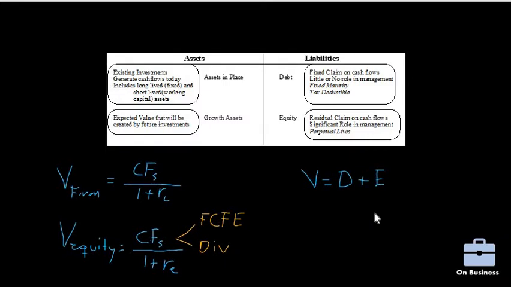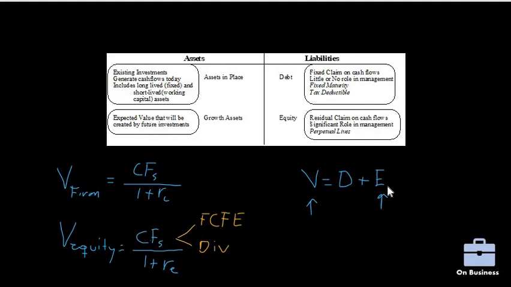But now, what's the difference between the value of a firm and the value of equity? Actually, we have to note that some firms, like Apple, have no debt whatsoever, and therefore the value of the firm would be equal to the value of equity.